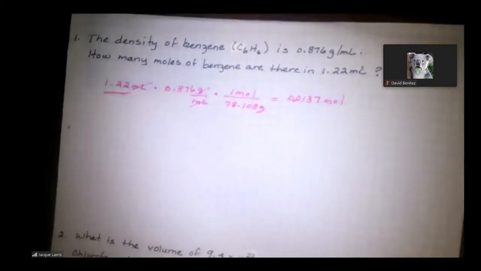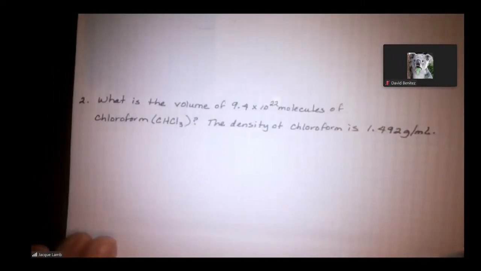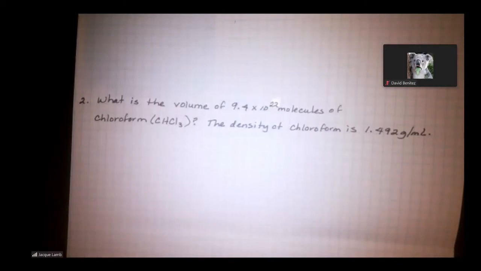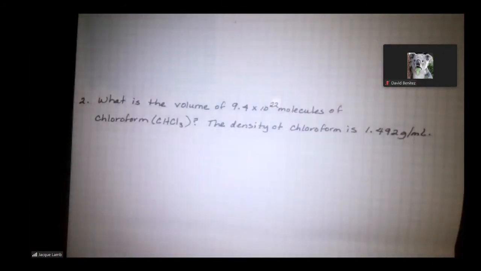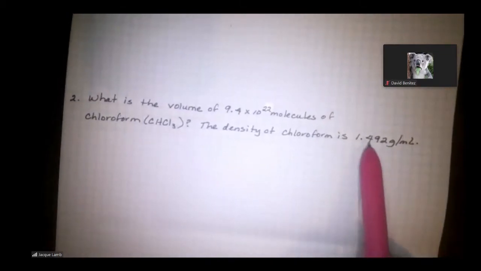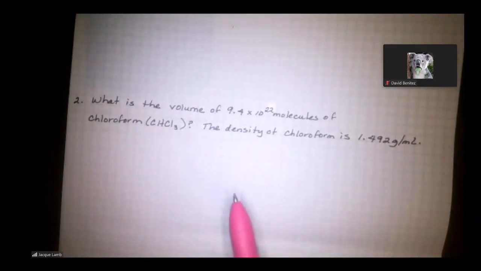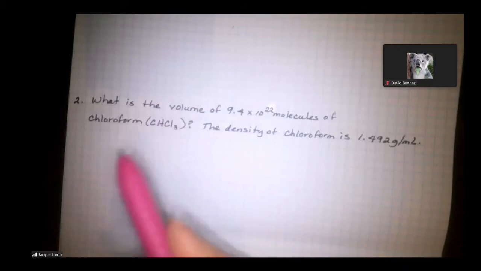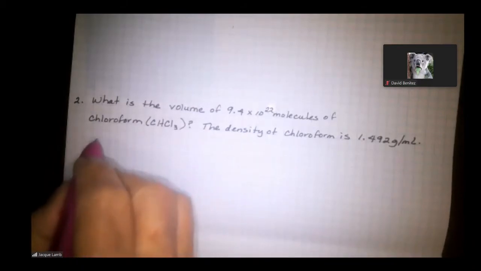Now, the second question that we have is, what is the volume of 9.4 times 10 to the 22 molecules of chloroform? And I've given you the density of chloroform as 1.492. So here we're starting on the other end, molecules, and we're working backwards.